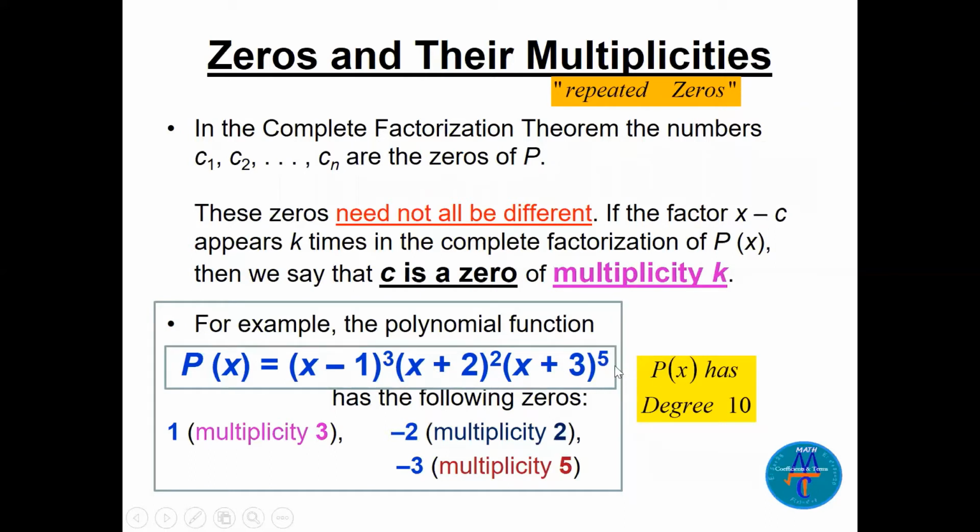We see the degree here is 10 because x power 3, power 2, power 5 if you add them. So this function has the following zeros. 1 is a zero of multiplicity 3, repeated 3 times, minus 2 of multiplicity 2, and then minus 3 of multiplicity 5. Just to mention that if you add the multiplicities, 3, 2, and 5, it will give you the degree, always.